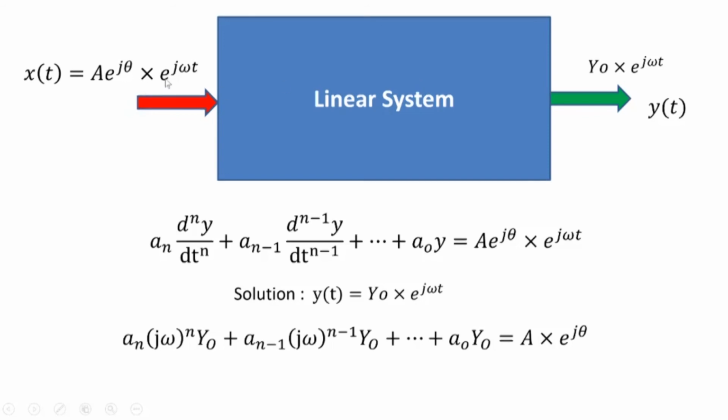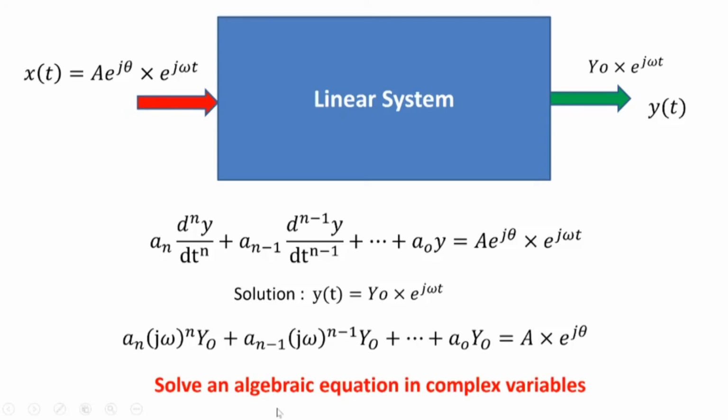So e^(jωt) at the input, e^(jωt) at the output, and in fact every voltage and current will also have e^(jωt). So that part is unchanging, it's there everywhere in my system. Okay, so we basically have to solve an algebraic equation in complex variables here to get the value of y0, and e^(jωt) I already know, right? So I will be able to get the output here.